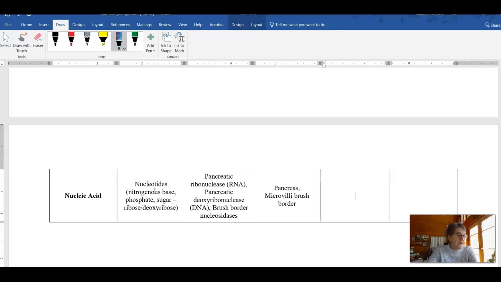So nucleic acid chemical digestion begins and ends in the small intestine. And this gets absorbed in the blood capillary, exits to the liver via the hepatic portal system.